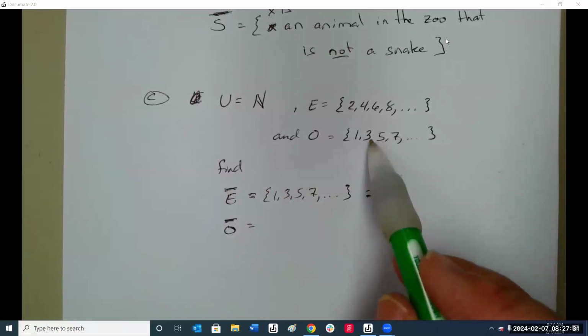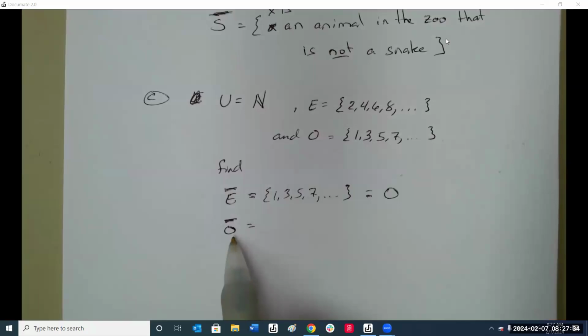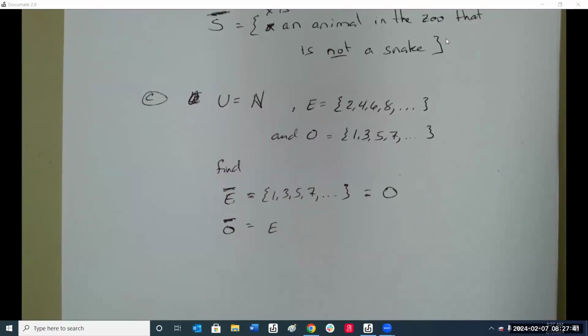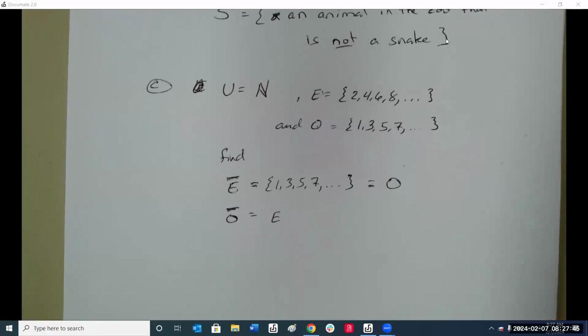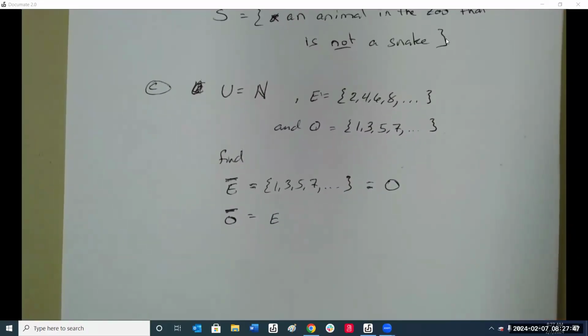It's O. So what's the complement of O? It'd be 2, 4, 6, so it's even. And they use those for even and odd. So whenever you deal with Venn diagrams, you have to include what the sets are, and whatever's left in the universe goes inside there as well.